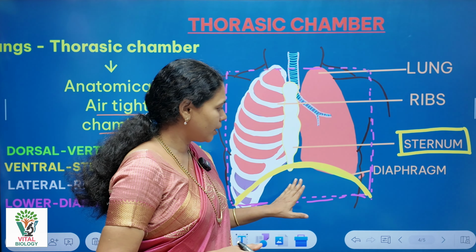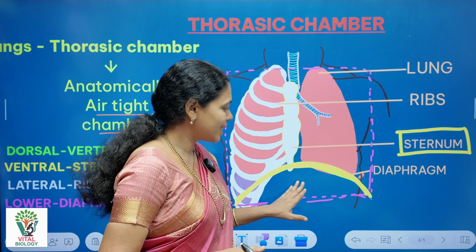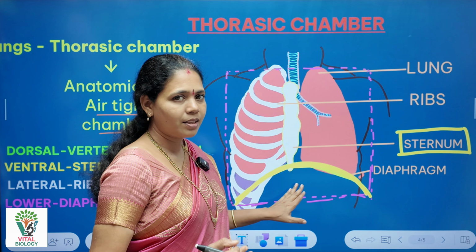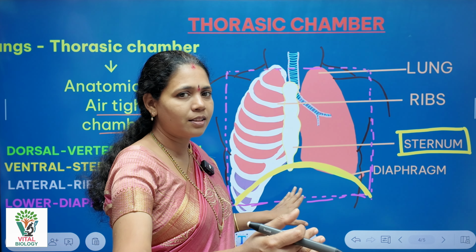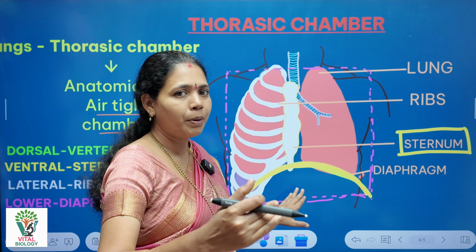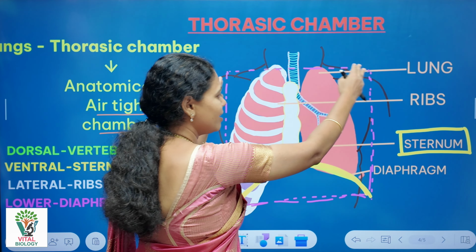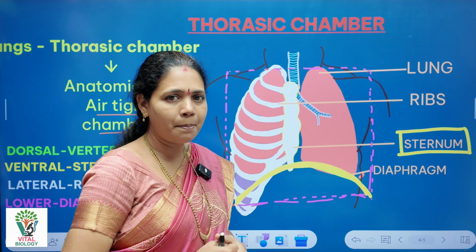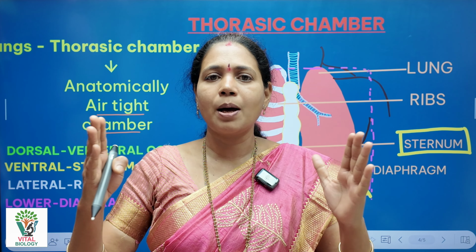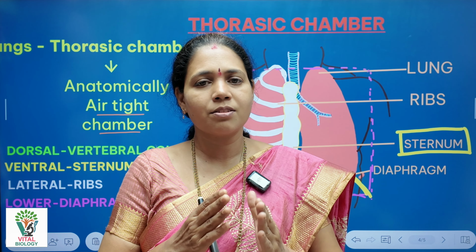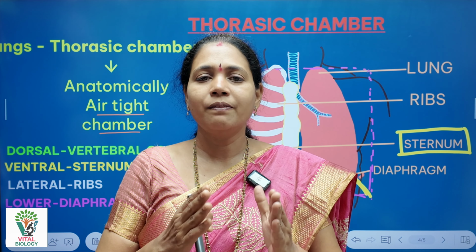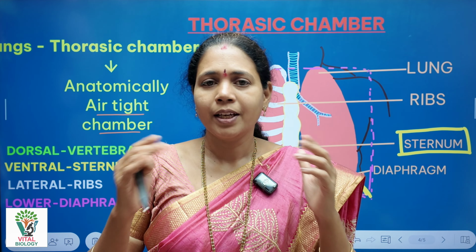If the thoracic volume decreases, we can see a decrease in the pulmonary volume. Pulmonary volume means lung volume. If the volume of the thoracic chamber increases, it reflects in the lungs also, and the lung volume will increase.